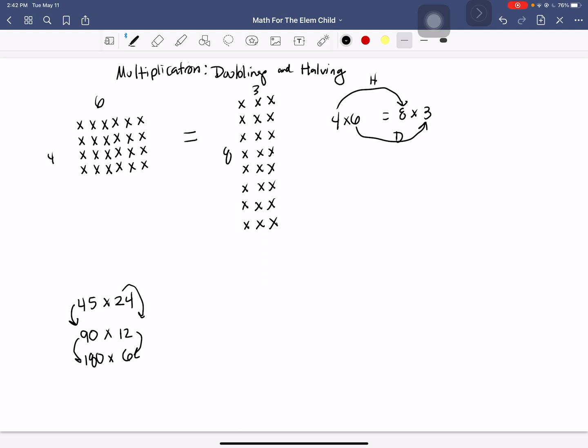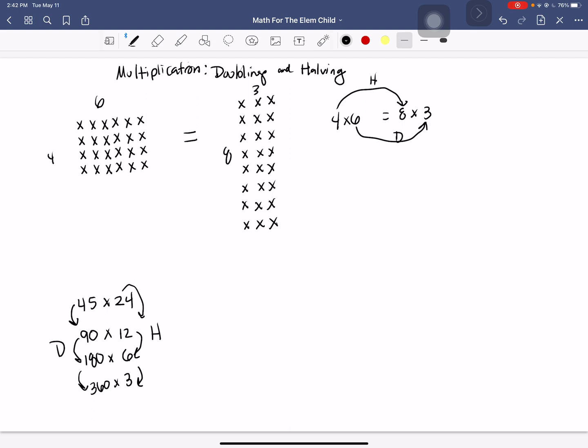If we double 180, we get 360. And if we halve 6, we get 3. So now we can look at this problem.